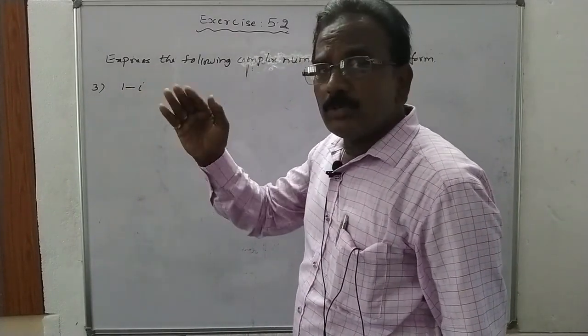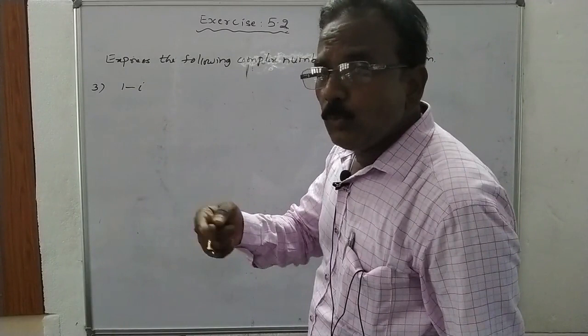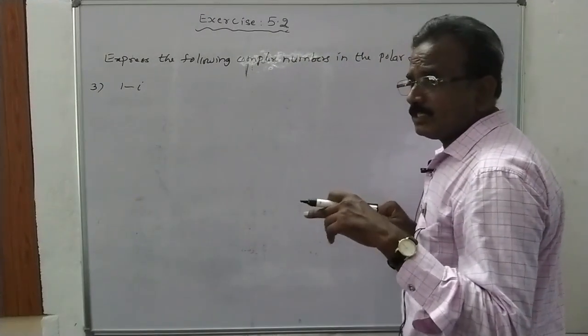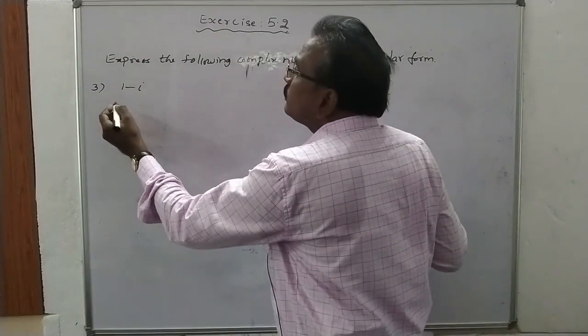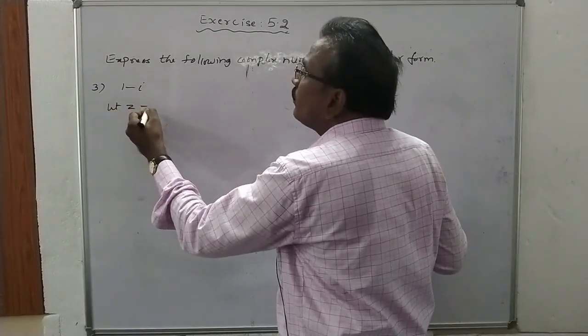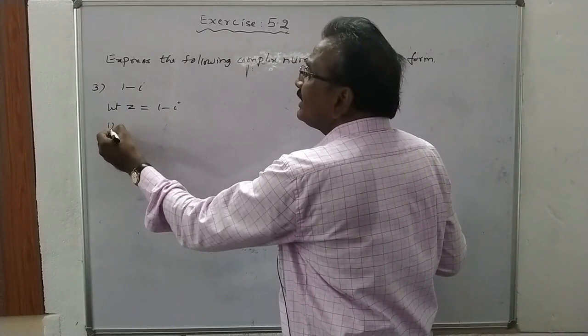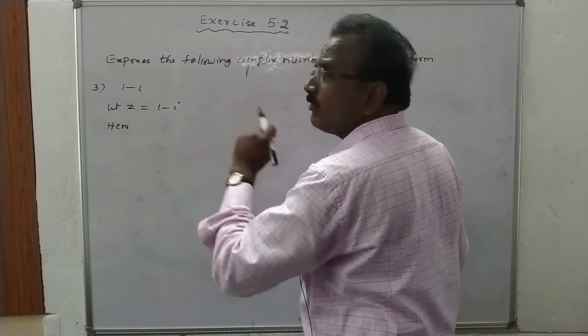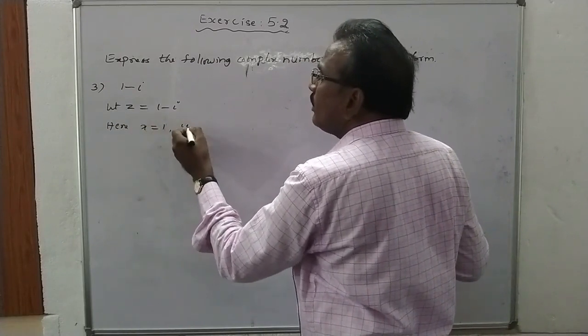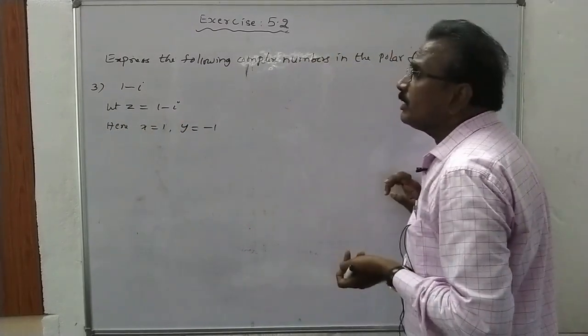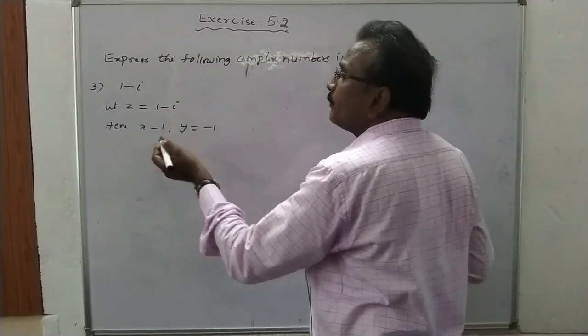This Cartesian form we express into polar form, that is R into cos theta plus i sin theta. So let z is equal to 1 minus i. Here x is equal to what? Compare with x plus iy form. X value is 1 and y value is minus 1. The i coefficient is y, that is minus 1, right?